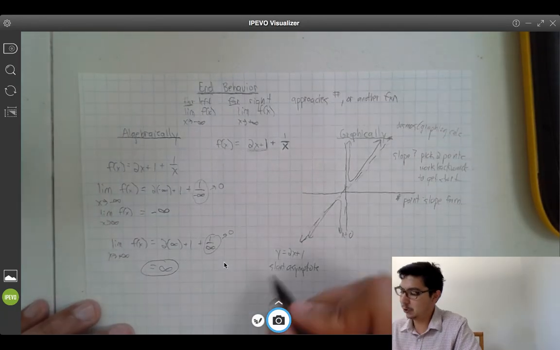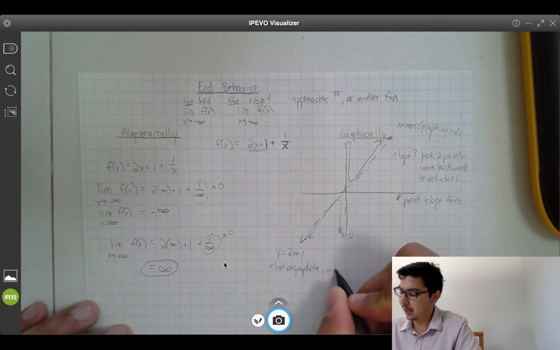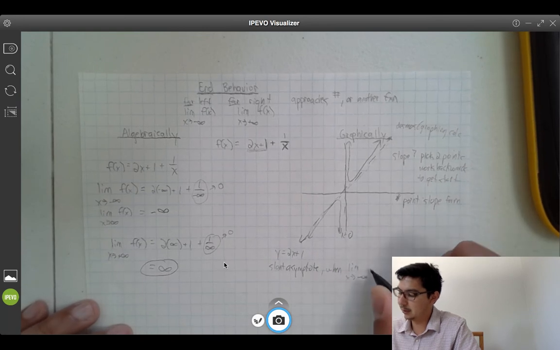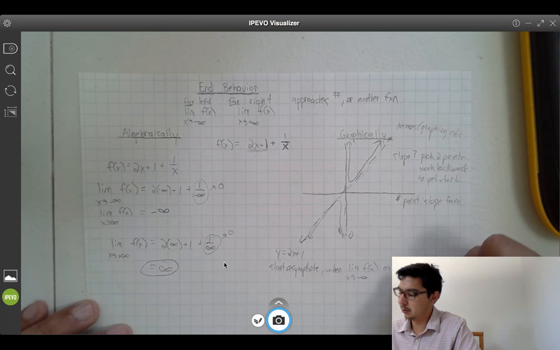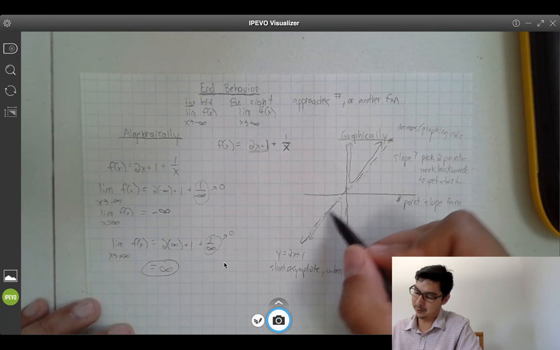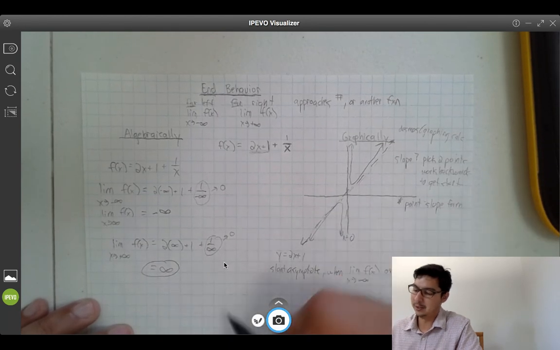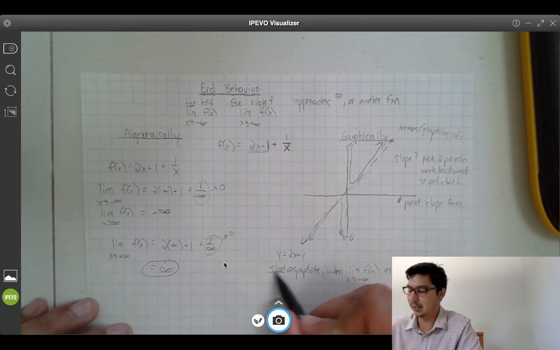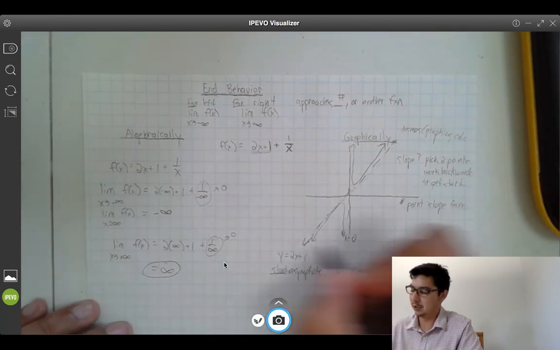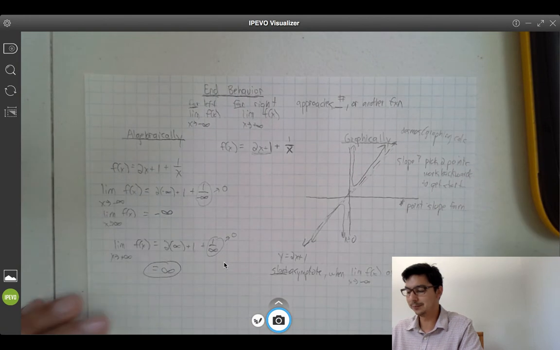You usually get slant asymptotes when the limit as x approaches negative or positive infinity of the function equals plus or minus infinity. Because then you're saying it's going to infinity, but at what angle? When you talk about angles, that's why it's a slant. Or if it was a number, it would be a horizontal asymptote, which kind of work hand in hand.